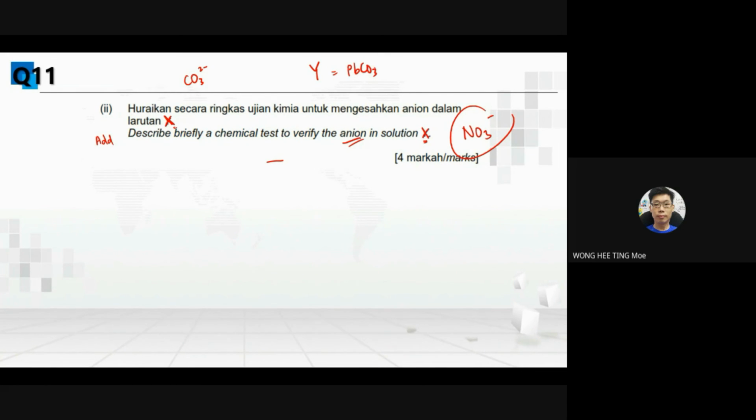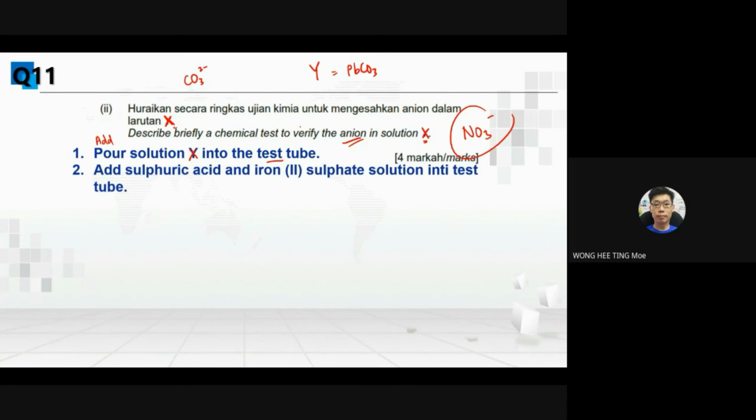So I think the typing error in the question should be X. Into the test tubes, then add sulfuric acid.